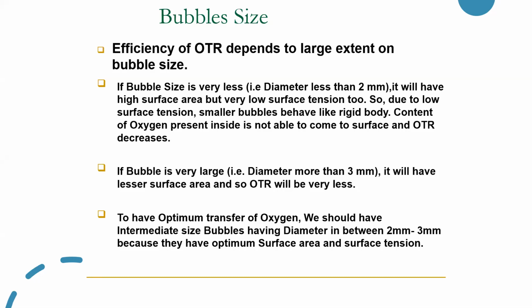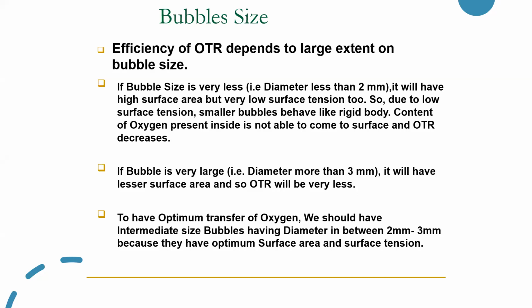If the bubble's diameter is more than 3 millimeter, obviously, as I told, larger things have lesser surface area and smaller things have bigger surface area. So due to less surface area, again the OTR will be lesser. That means we are talking about a trade-off between surface area and surface tension.